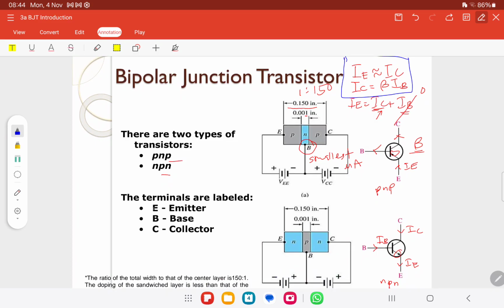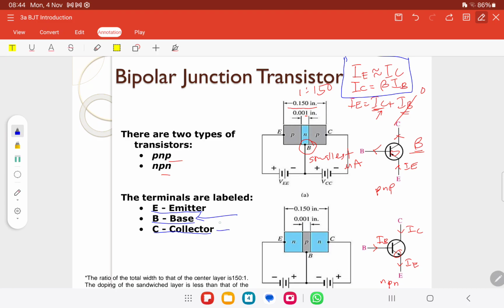Alright, these are the terminals: emitter, base and collector. Base is lightly doped because of the thin region, and the value of the base current is the smallest one, in microamperes. Okay, if the base is lightly doped, the emitter is heavily doped, because it is the thickest. And normally the value of the emitter current is the largest one.